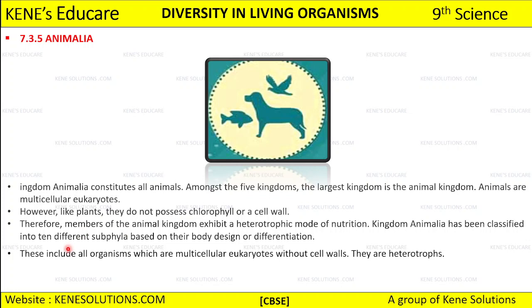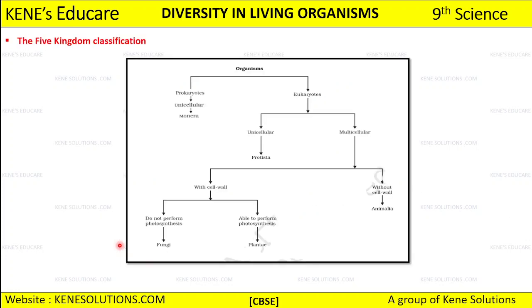It has been divided into 10 different subphyla, and this is based on body design or differentiation. This includes all the organisms which are multicellular eukaryotes, and they don't have a cell wall. Okay, so they are heterotrophs, and this is the chart that we discussed in the last class as well.